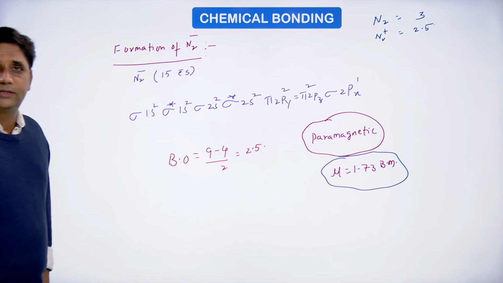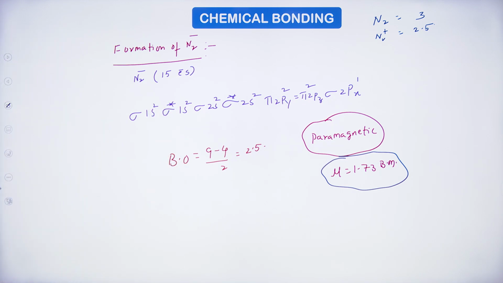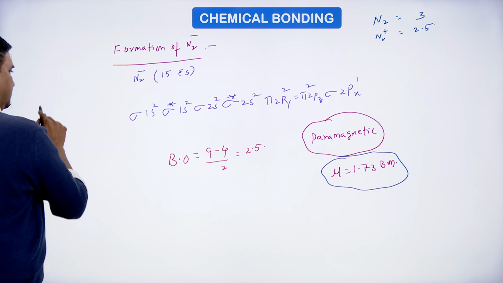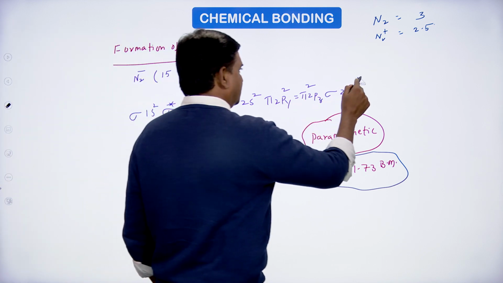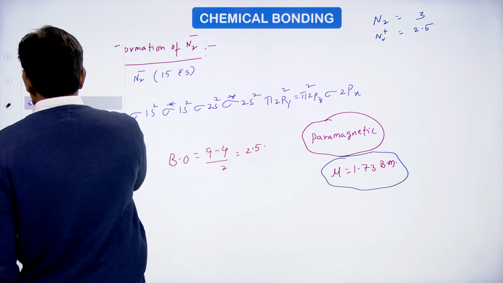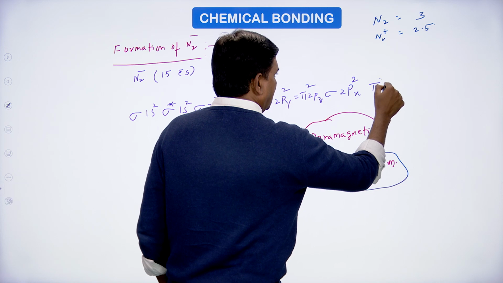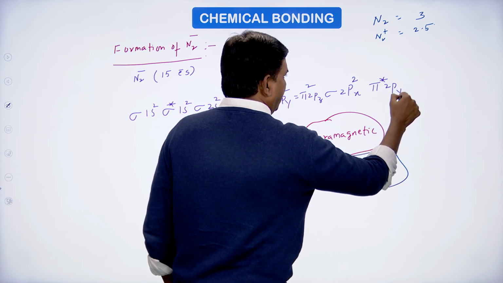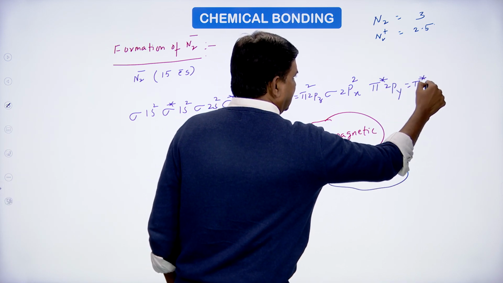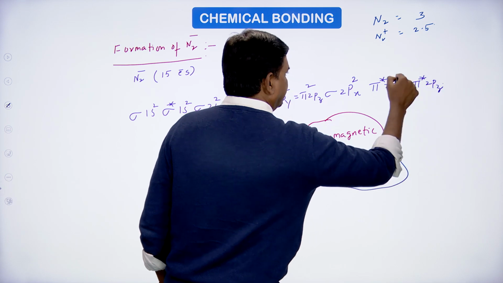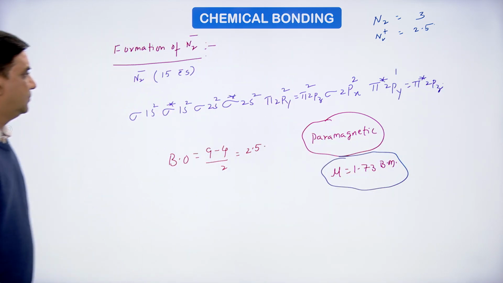Fifteen electrons. 15 electrons means pi star 2py is equal to pi star 2pz, and this is 1 electron.